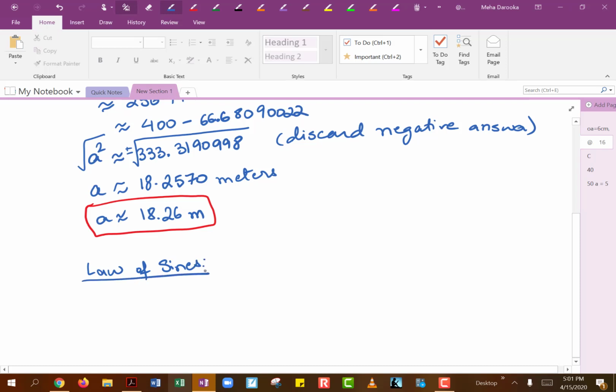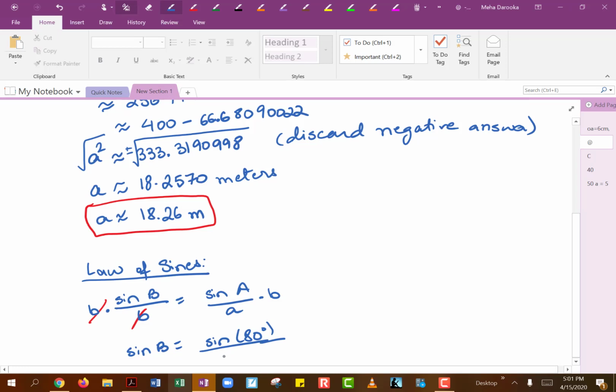So let's say we want to find angle B next. So let's use this version of our law of sines. To get sine of B by itself, let's go ahead and multiply both sides by side B. So we will get sine of B equals sine of A, and A is 80 degrees.